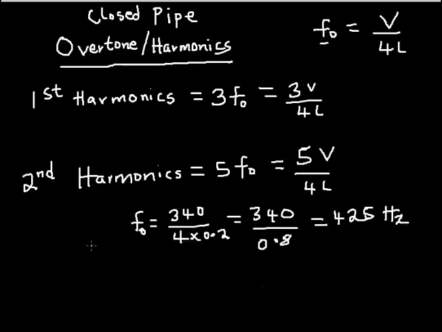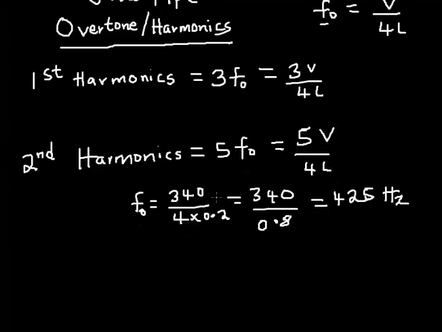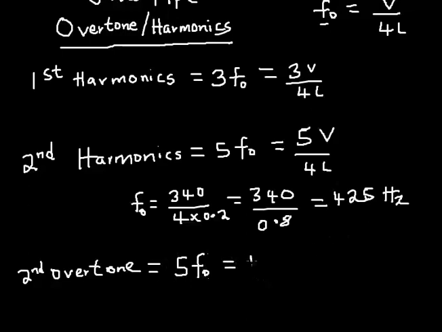With this fundamental frequency, the question is, how can I get the overtones? For example, let's say we are being asked to find the second overtone. Simple, it is going to be equal to 5 times that fundamental frequency, and I've already calculated the fundamental frequency, so that's going to be 5 times 425.